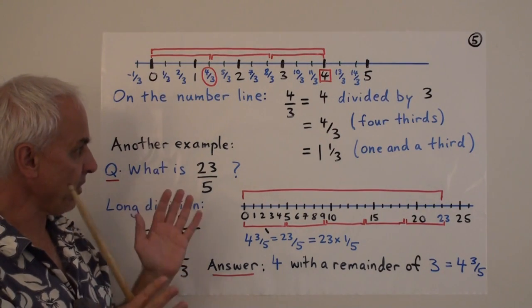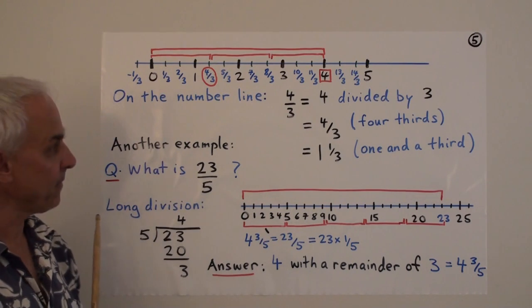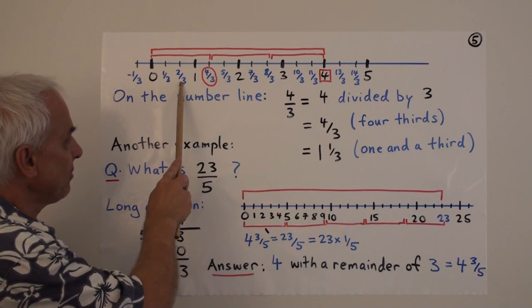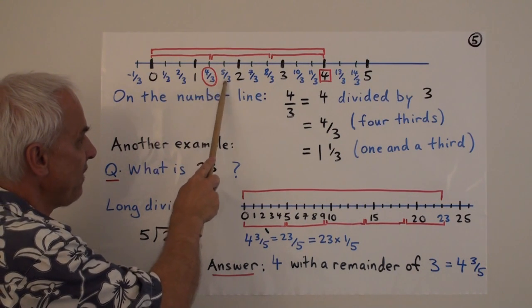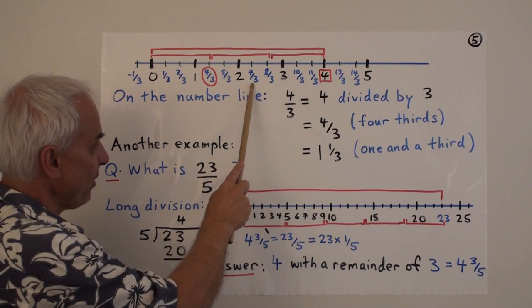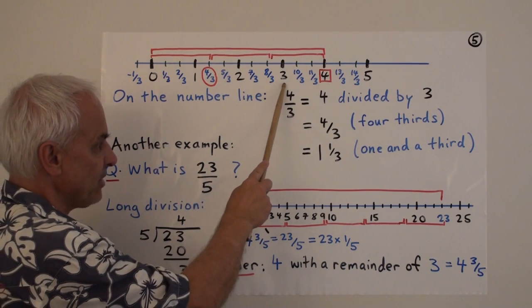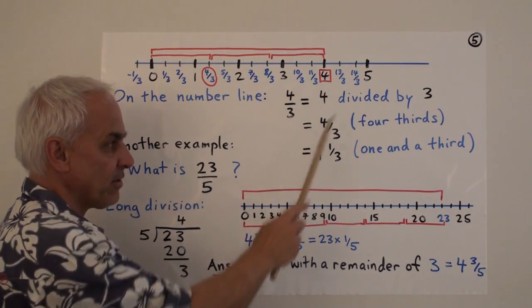Because we're talking about thirds now. Okay, so that's the number that we called 1/3. And that's 2/3. That's 3/3. 4/3. 5/3. 6/3. Same as 2. 7/3. 8/3. 9/3. 10 thirds, 11 thirds, 12 thirds, 13 thirds, and so on.